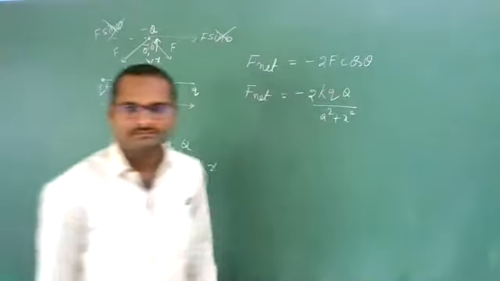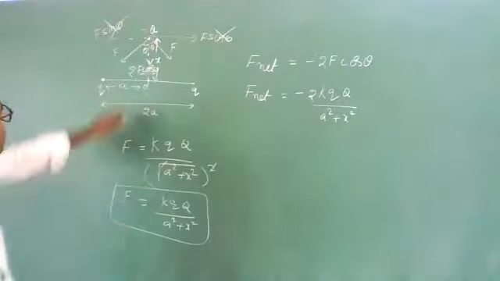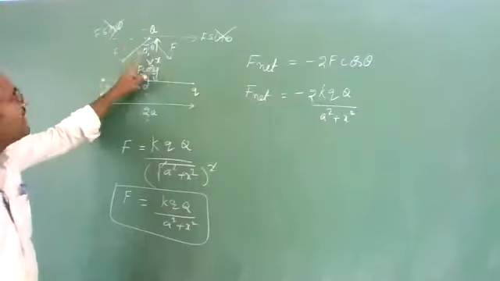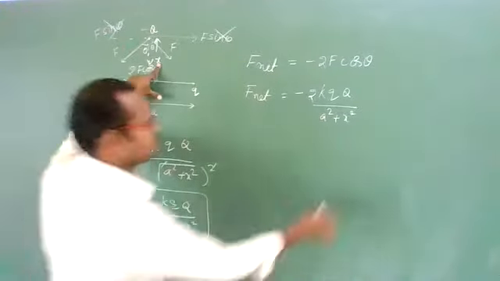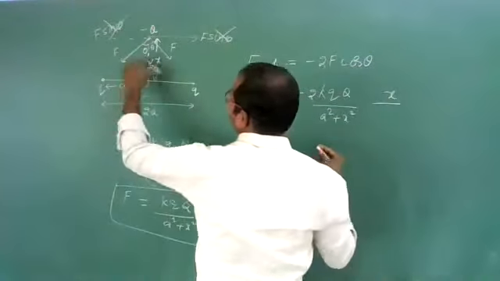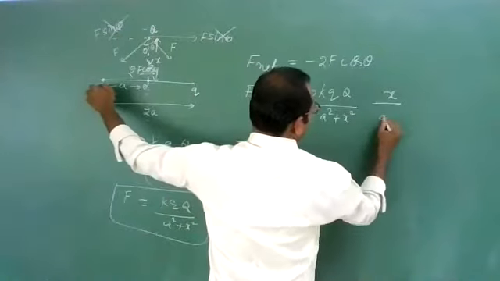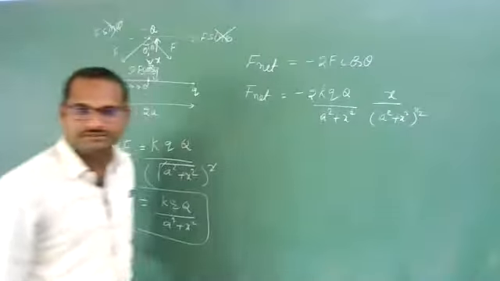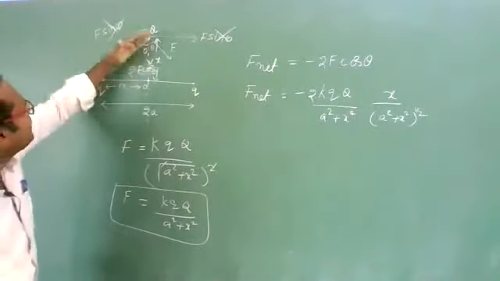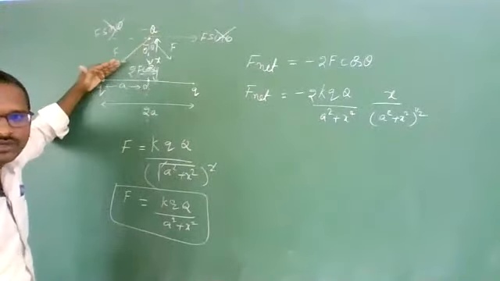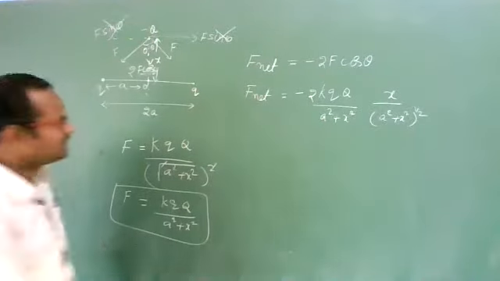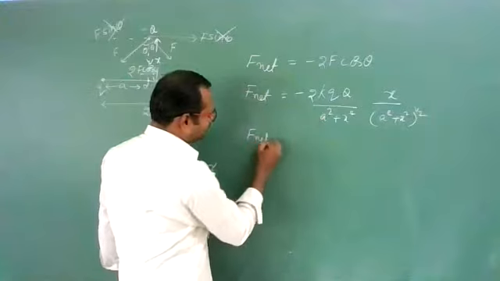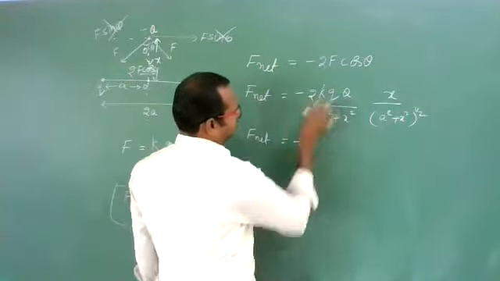What is cos theta? See this, this is theta. Cos theta is adjacent side by hypotenuse. The adjacent side is x, and the hypotenuse is the square root of a squared plus x squared. Clear? So F net is equal to minus 2 K times Q into x divided by (a squared plus x squared) into (a squared plus x squared) whole power 1 by 2.